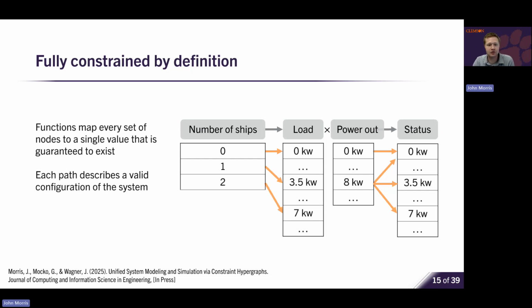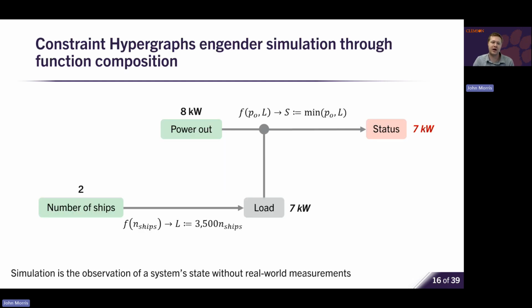So again, over here, if I have two functions represented by these gray arrows, because they compose, they have the same codomain and domain in the middle, any value here in number of ships is going to be mapped immediately to the status over here. And we can see that with our path through the hypergraph. I don't need to know load in order to know status because I can compose the functions here and here to get my greater simulation of that node on the end.